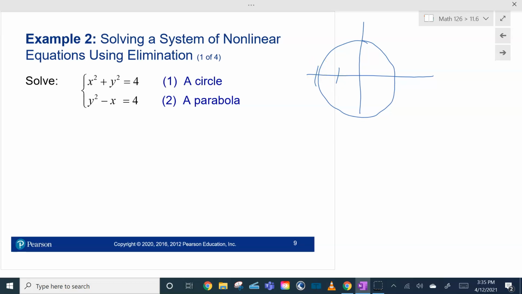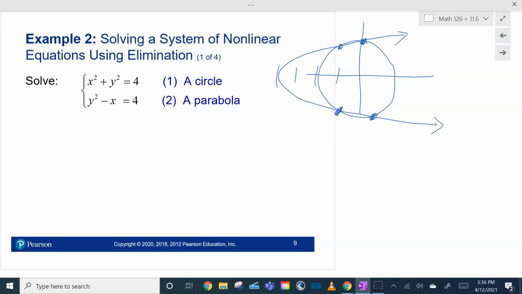I know this is not to scale, but if you were to take a look at that on Desmos, you're going to see it looks like we've got four solutions here, four x, y values that will satisfy both the circle and the parabola. But what we're going to focus on is how do we do this algebraically, okay?